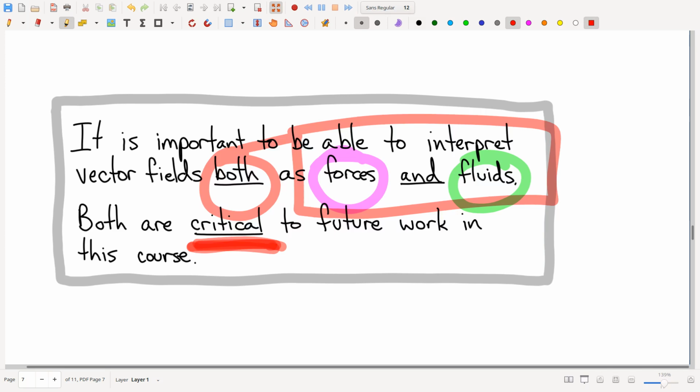And it's hard to see that coming right now, but I'm going to ask you to take my word for it. That is going to be essential. So please do not just pick one. That's a bad plan for Math 219. Make sure that you get good intuition for both of these, what I call metaphors for vector fields, going forward.